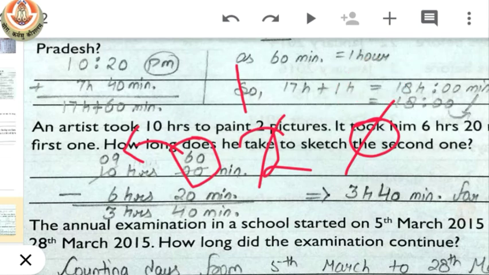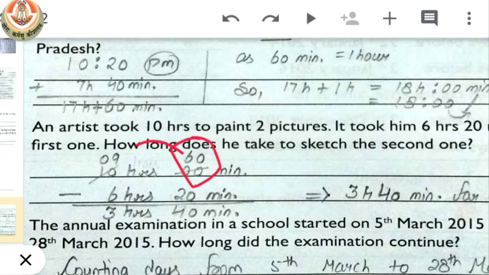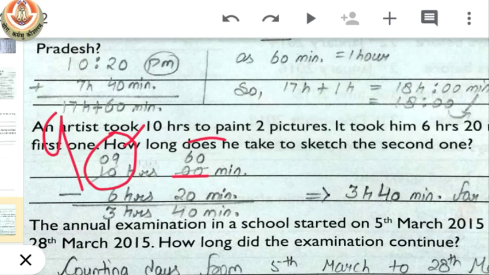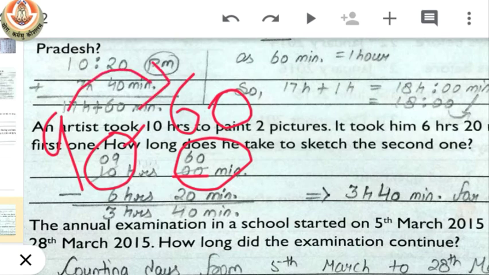So when this 00 minutes borrows 1 from this 10 hours, the 10 hours becomes 9 hours and the 00 minutes becomes 60 minutes, as it takes 1 complete hour. So 1 hour equals 60 minutes.